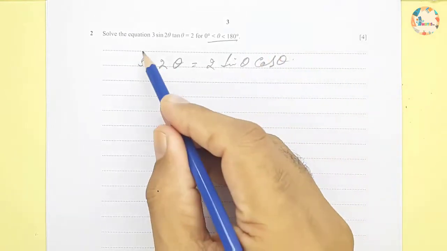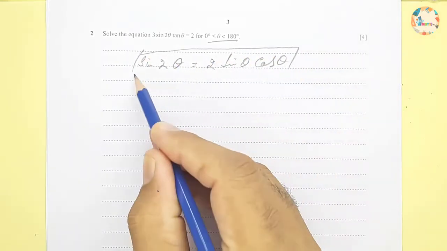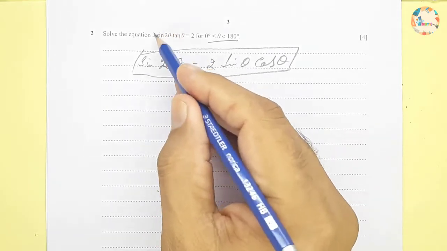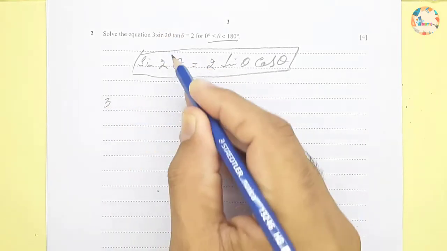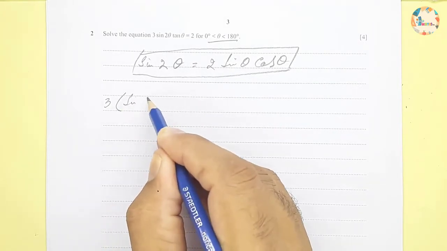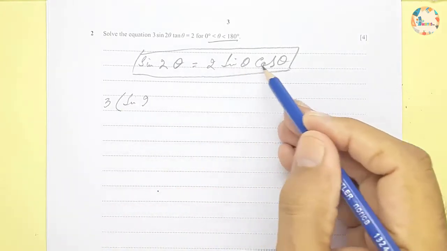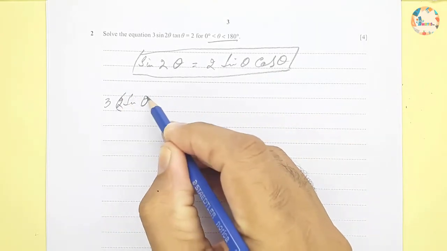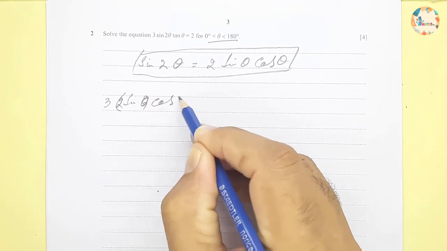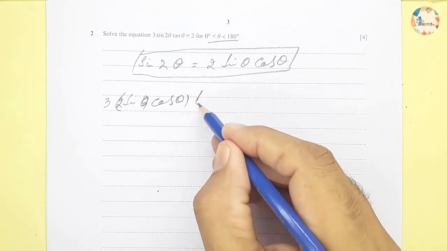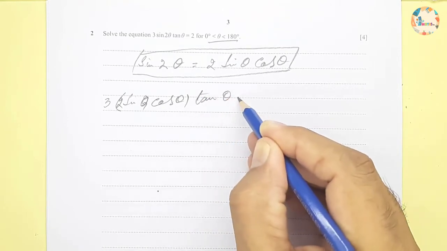This is the formula which we will be applying, and we will be replacing sine 2 theta here, so this will become 3 into 2 sine theta cos theta. We have replaced sine 2 theta with this, and this will be tan theta is equal to 2.